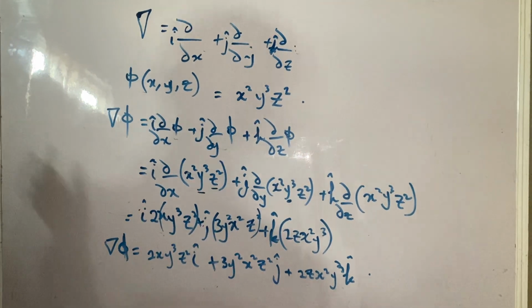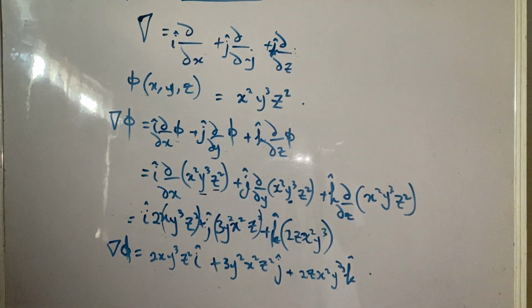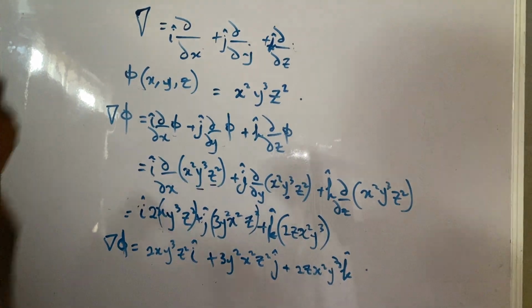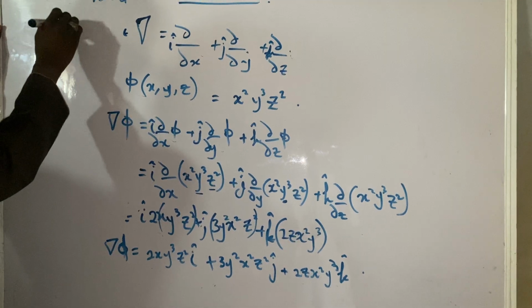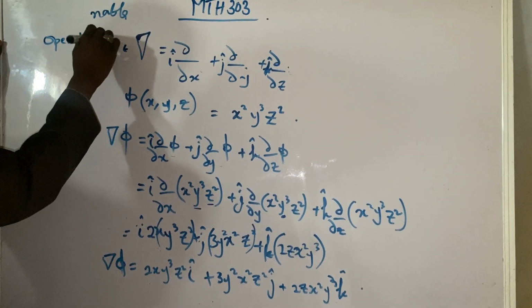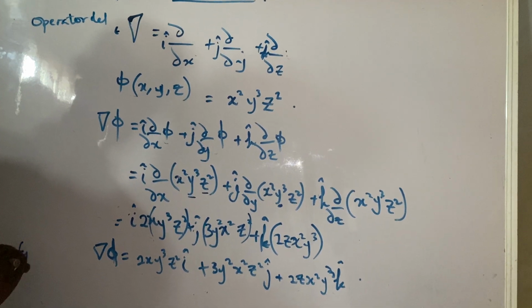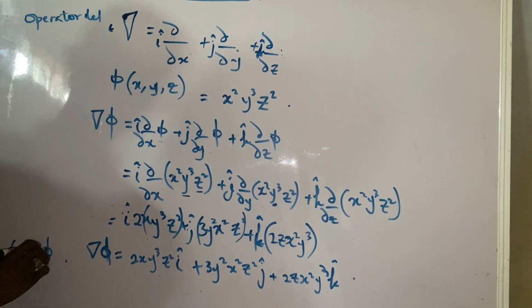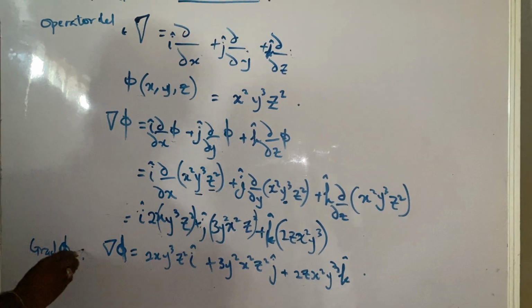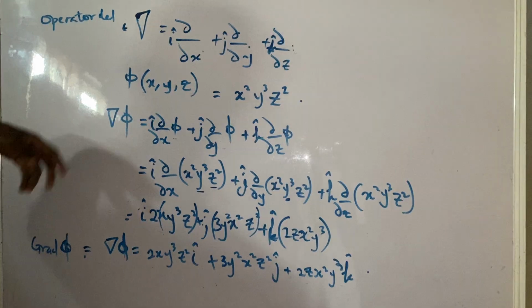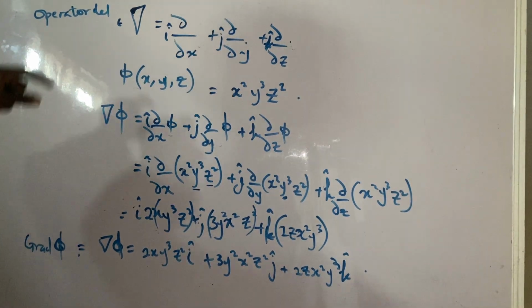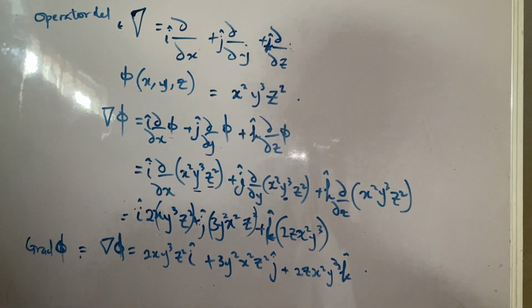That is del phi. We've just done this; we call this thing the operator del. It is also called grad phi. That is another name it is called. So when we are doing calculation, we just call it del. But it's a Greek alphabet called nabla.